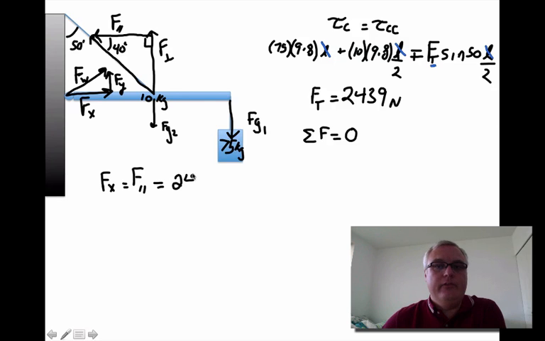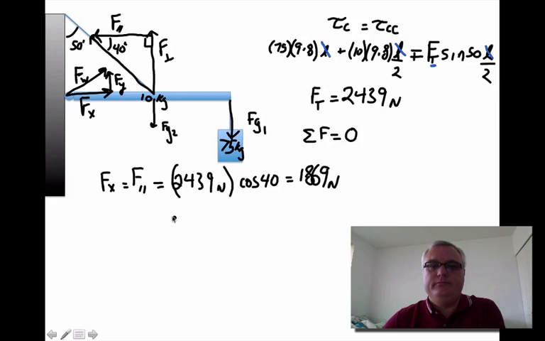So 2,439 newtons, and we're going to multiply that by cosine of 40 to get 1,869 newtons. So that is the x component of this force.